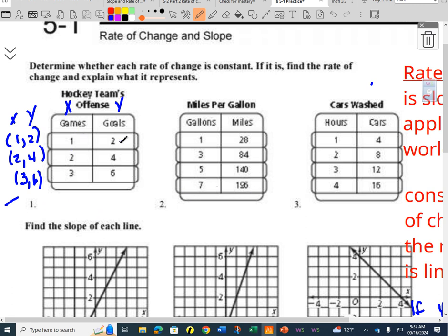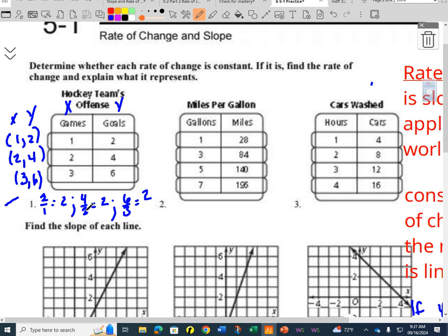So we're going to start with this first ordered pair. 2 divided by 1 equals 2. Then the second ordered pair: 4 divided by 2 equals 2. The third ordered pair: 6 divided by 3 equals 2.